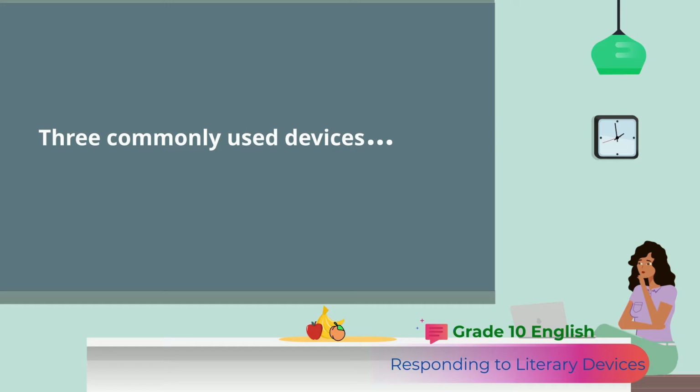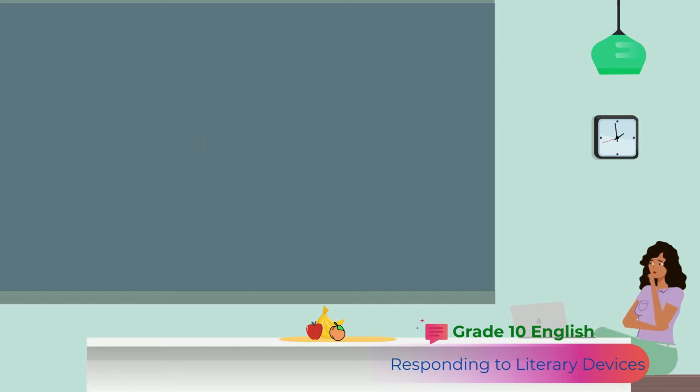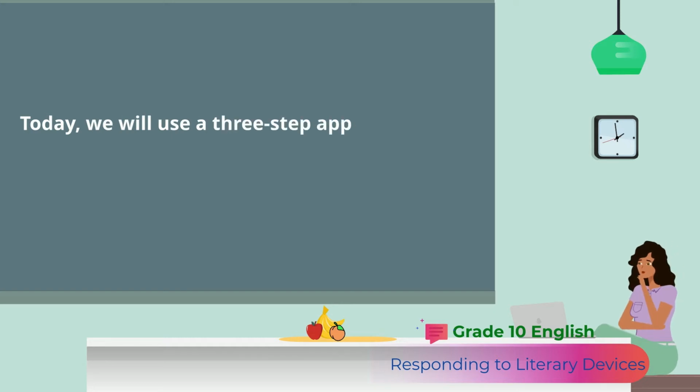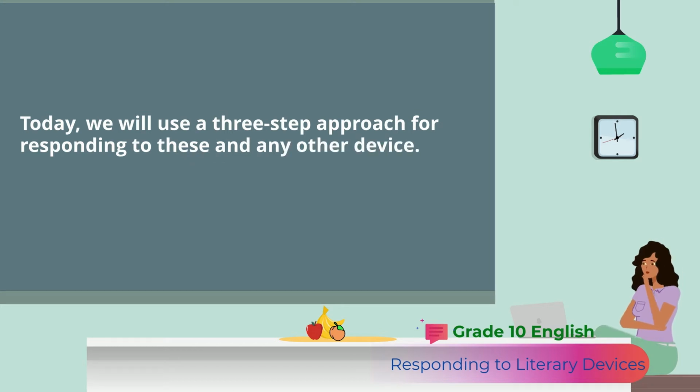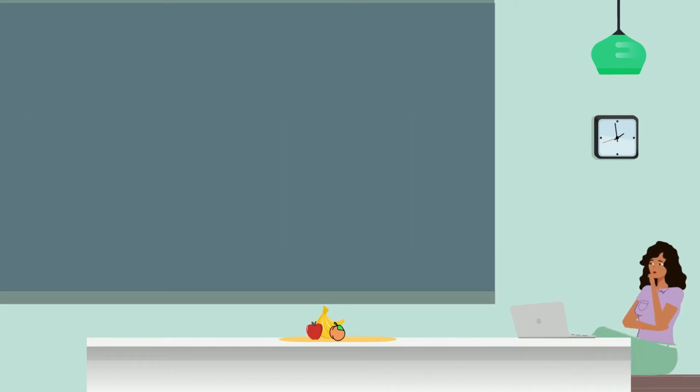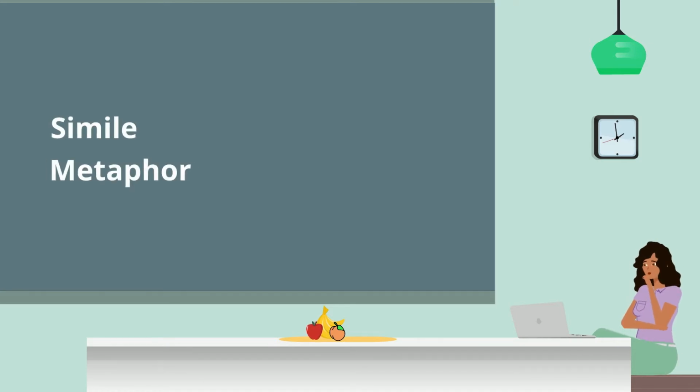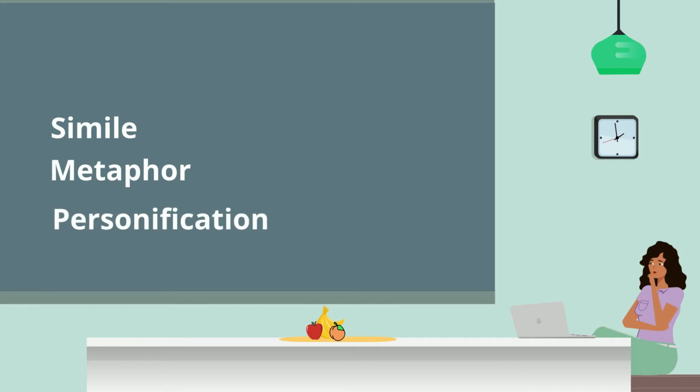I am sure you would have encountered them in the past, but today we will use a three-step approach for responding to these and any other device. These three devices are simile, metaphor, and personification.